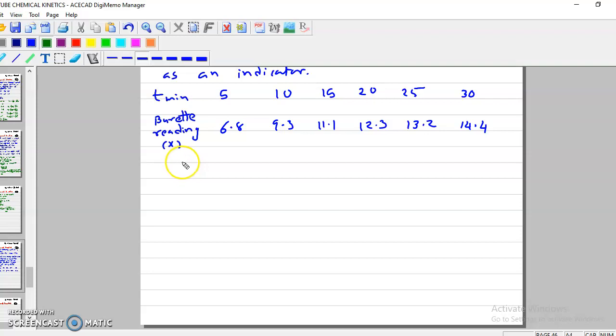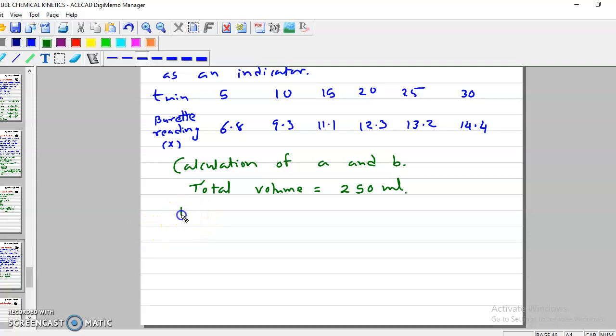First of all, we have to find out A and B. So calculation of A and B. Look, when we mix all the solutions, the total volume will be 250 ml. Now the effective concentration of KBrO3 in total volume.